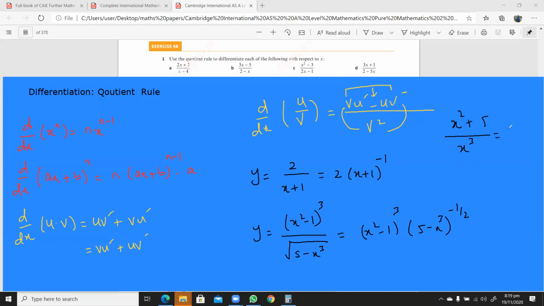You can write this as 1 over x plus 5 over x cube, which is easier to differentiate rather than using the quotient rule on all of it. So the first thing is that you must be clear in what circumstances you have to use this quotient rule.